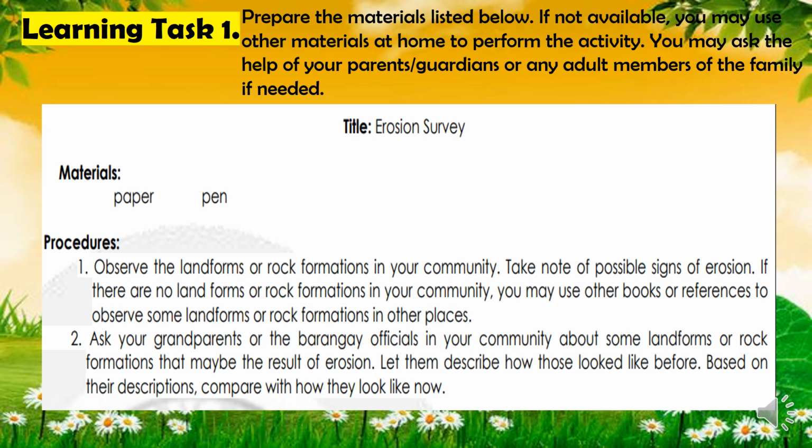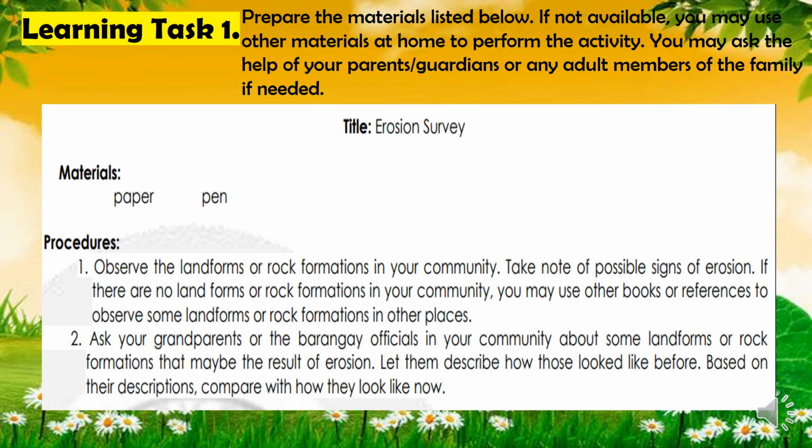For the procedures, number 1, observe the landforms or rock formations in your community. Take note of possible signs of erosion. If there are no landforms or rock formations in your community, you may use other books or references to observe some landforms or rock formations in other places.